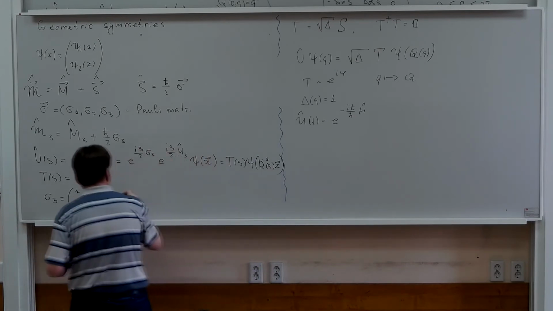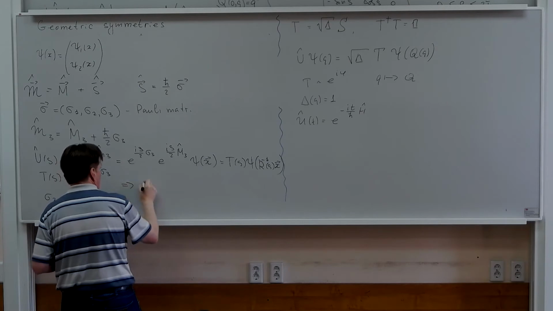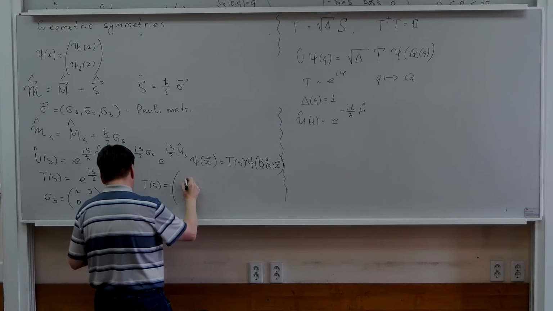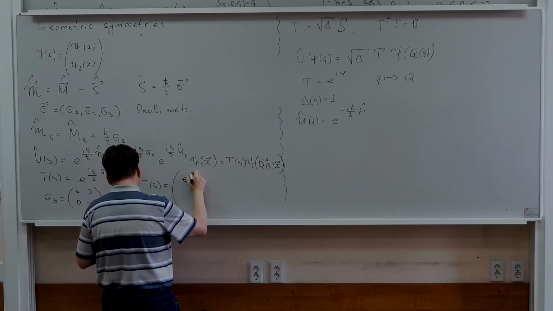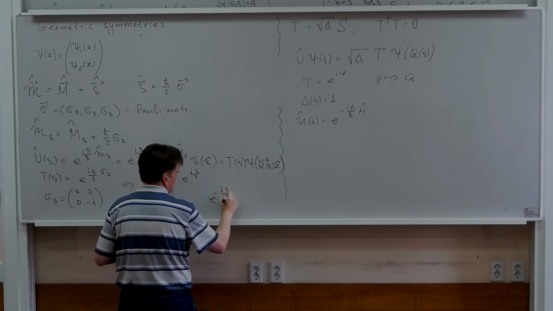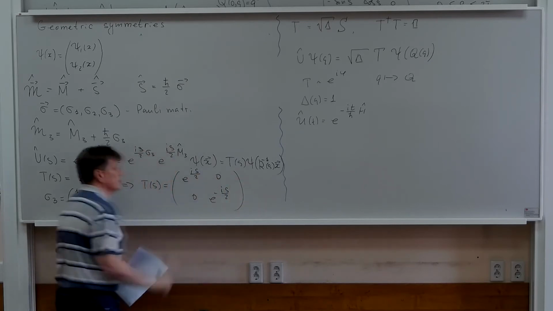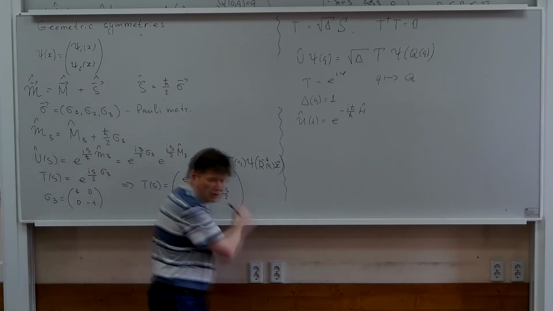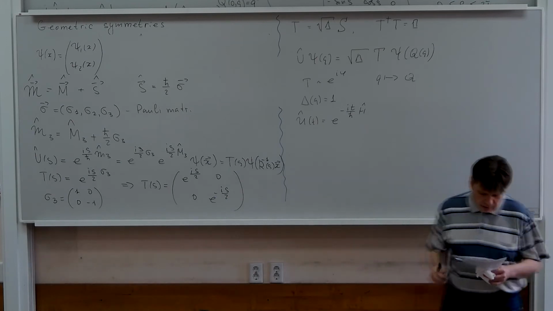So we readily find that T of s is given by the matrix with entries exp(is/2) and exp(minus is/2) on the diagonal, and zeros elsewhere. We get again a diagonal matrix.